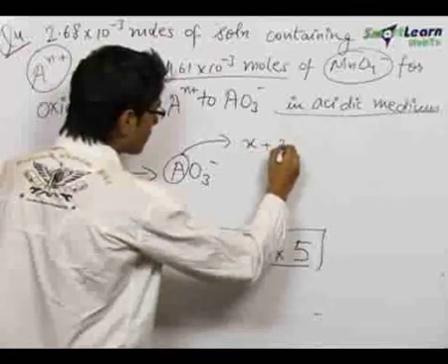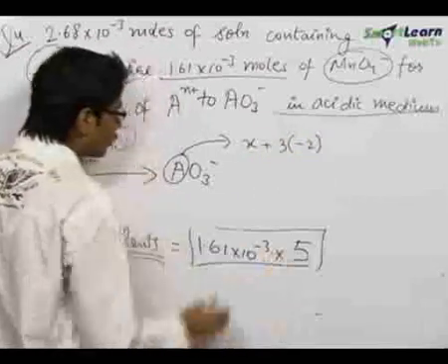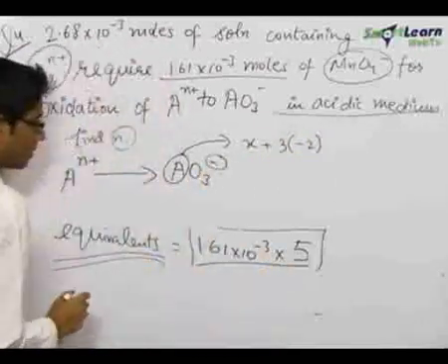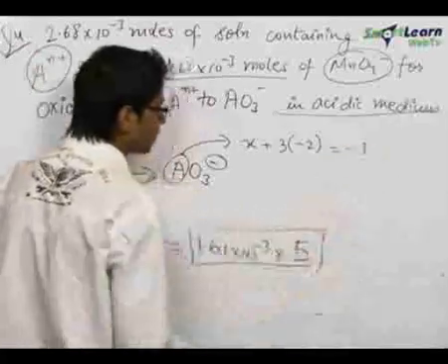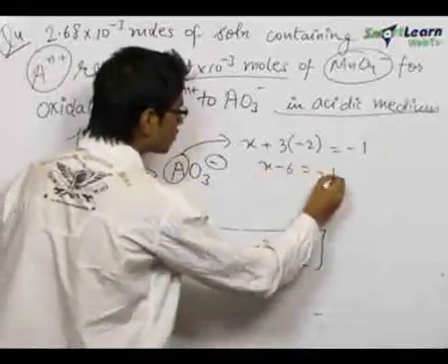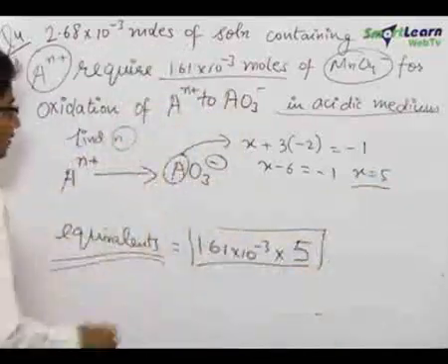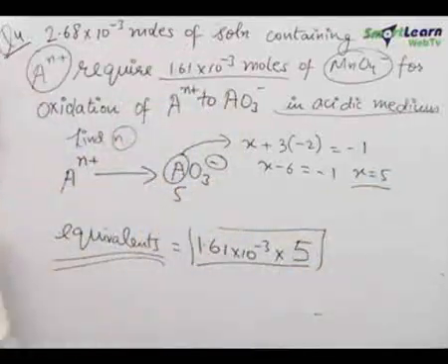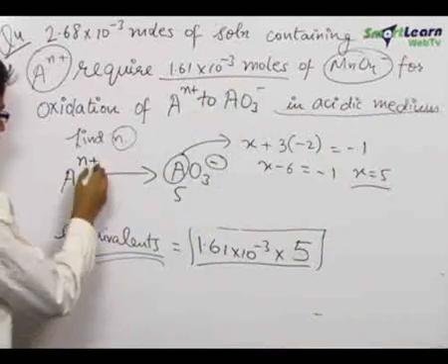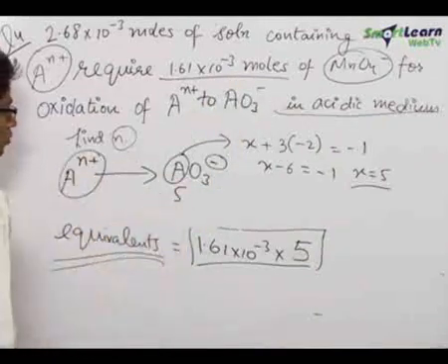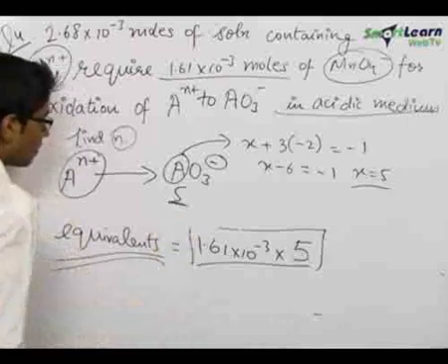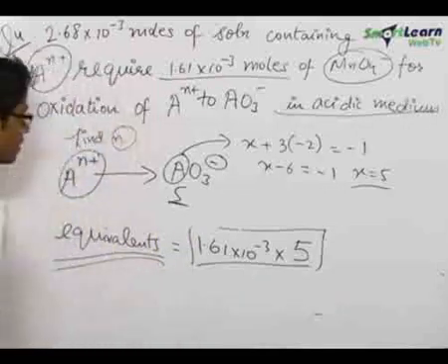So x plus 3 into minus 2 is equal to the net charge on the whole ion, which is minus 1. So x minus 6 equals minus 1, and x equals 5. So the oxidation state of A in AO3^- is 5. So MnO4^- is oxidizing A^n+ into AO3^-, which has the oxidation state of A as +5.